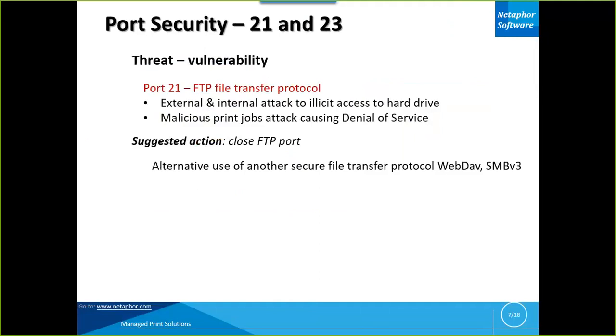And it could be an illicit attack on a device trying to get at its hardware. It could be an attack by sending massive number of print jobs to cause a denial of service. There's a number of possibilities having that port open. So what do you do? Well, you should close that port.